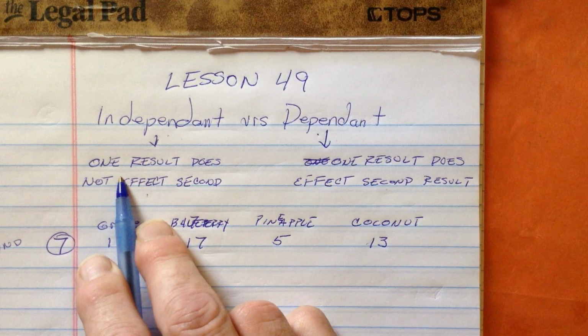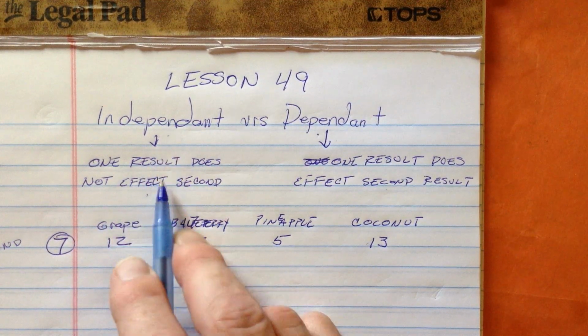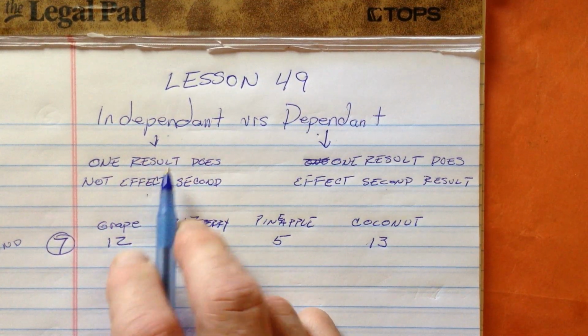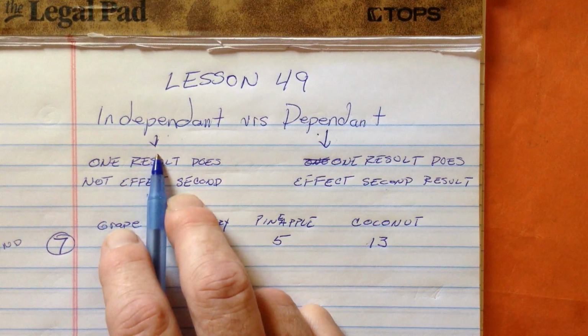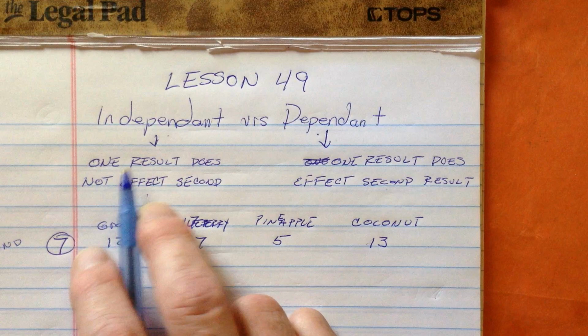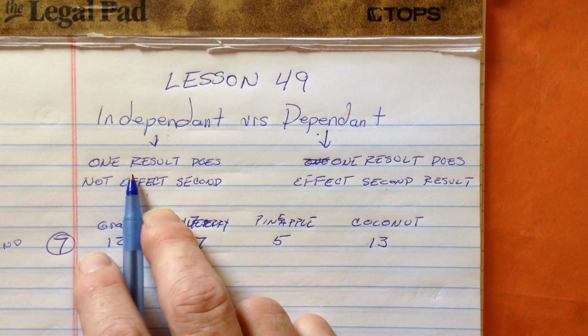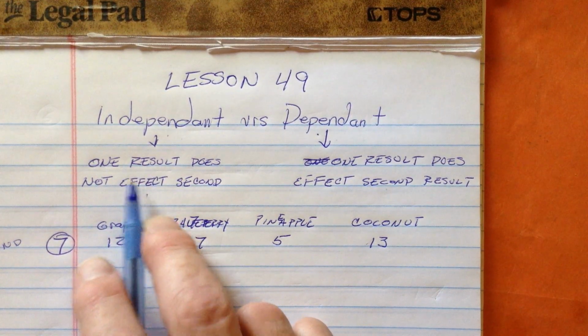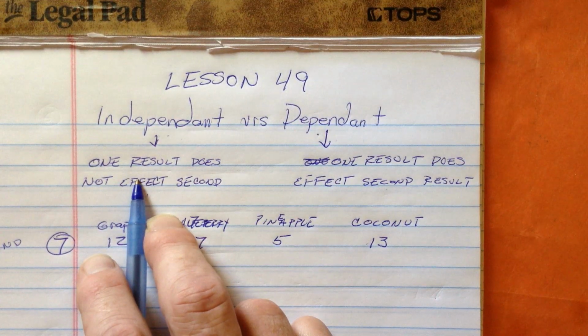It'll be like if you have a bag of marbles and you pull out a red one, but then you put the red one back in and draw a second one. Since you put the marble back in, you're going to have the same probability.